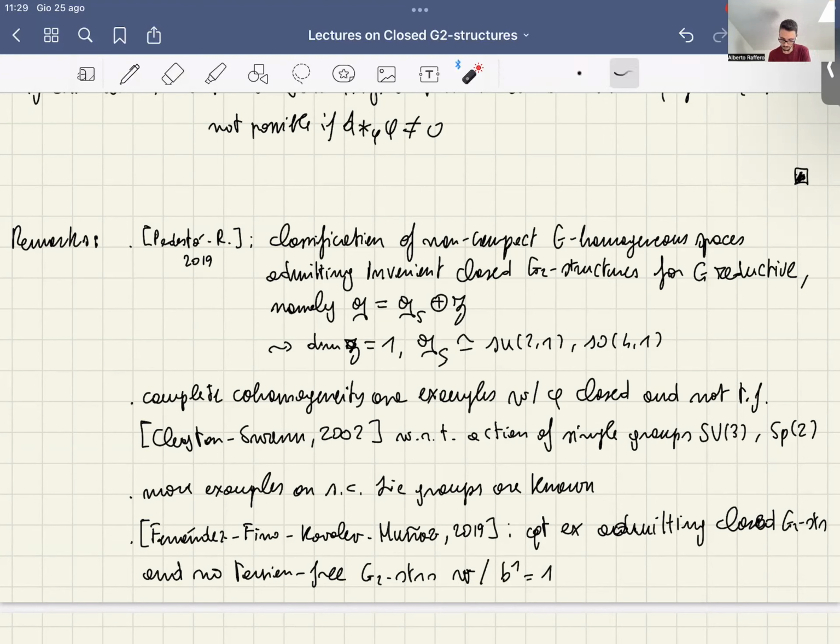And this is the smallest possible Betti number that a compact manifold admitting closed G2 structures is known to have.